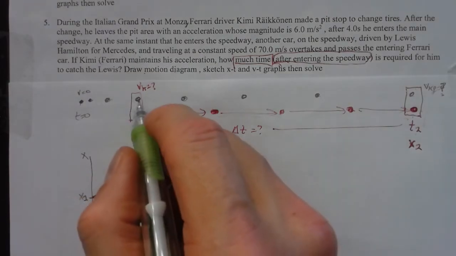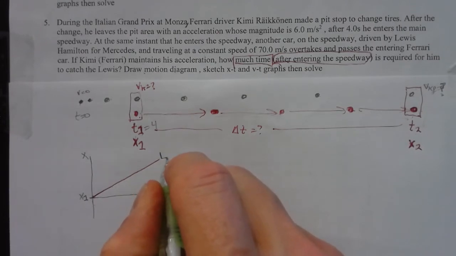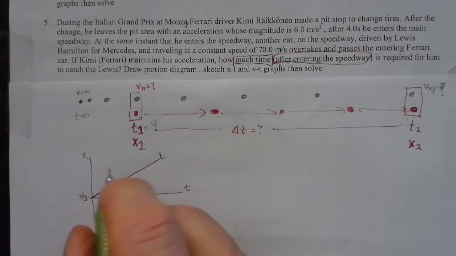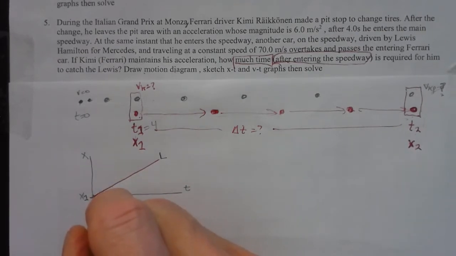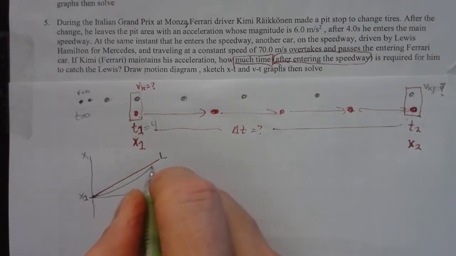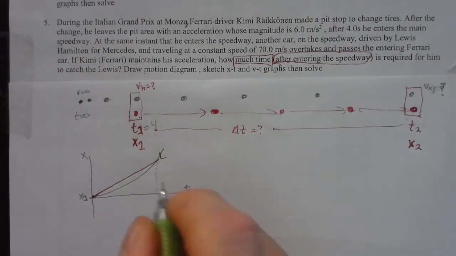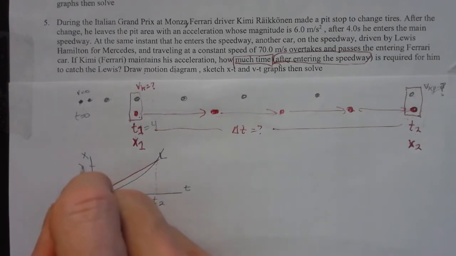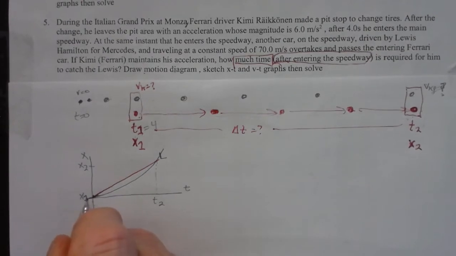Kimi has a velocity, so his slope isn't 0, but he's got a curved line, and they cross here. This is my time 2, and this is my x2. Now the slope is not 0 there.